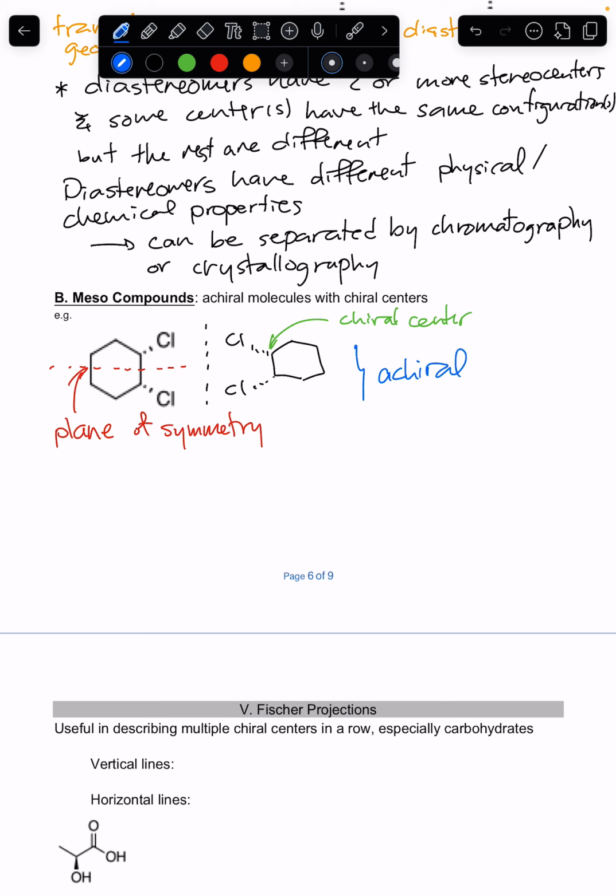You might call that achiral, not chiral. And therefore this molecule is not optically active. Chiral objects or chiral molecules do not have a plane of symmetry.